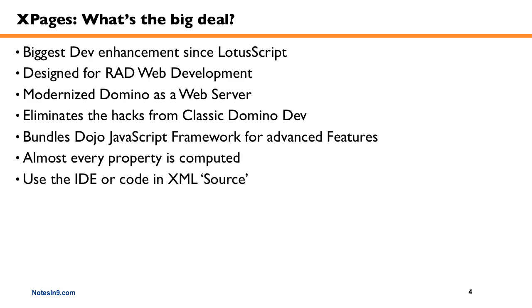Another great thing is almost every property is computed. You've got these blue diamonds everywhere, and you can put code behind these blue diamonds to compute almost anything that you're interested in computing. And you also get choice, and I love choice. I mean, don't you? We've got a choice of how we want to code.